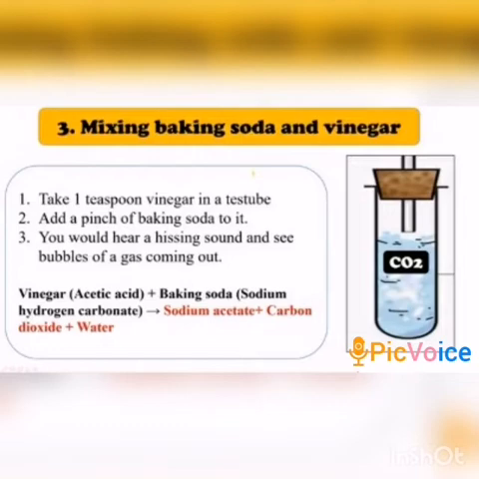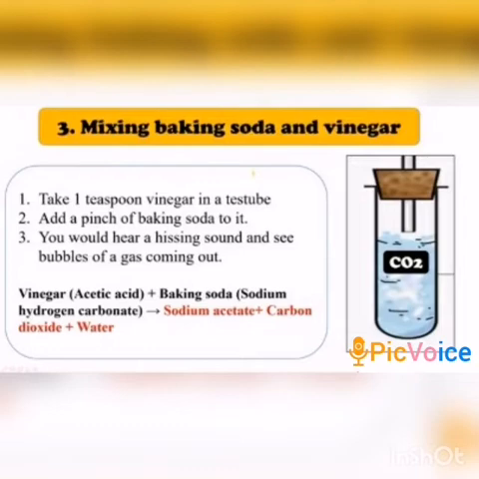After adding these two, we will hear a hissing sound and see bubbles of a gas coming out. Yes, what will happen, children, if we add baking soda to vinegar? You will hear a hissing sound and you will see bubbles of a gas coming out. Yes. Then write the equation.